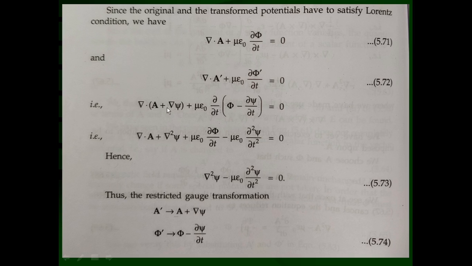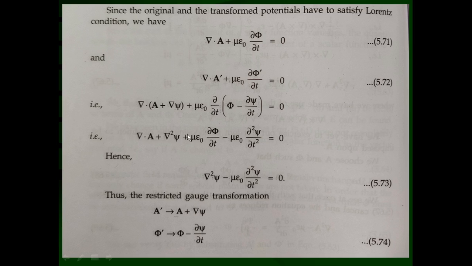This is the way this gauge transformation was done. So A was transformed to A dash, where A dash is equal to A plus del psi, plus mu epsilon 0 del by del t of phi minus del psi upon del t, and this is equal to 0. By separating these terms, we get divergence of A plus del dot del, meaning the Laplacian operator, del square psi, plus mu epsilon 0 del phi upon del t, minus mu epsilon 0 second order derivative del square psi upon del t square, that is equal to 0.